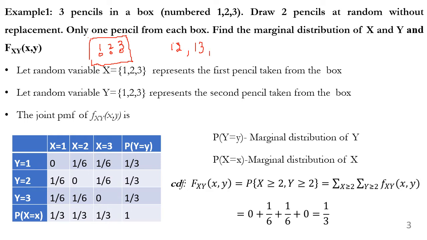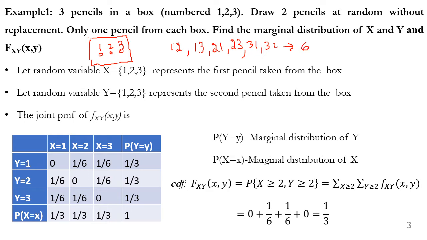If I draw 2 first, then it can be 2, 1, or 2, 3, or it can be 3, 1 and 3, 2. So possible outcomes are totally 6.